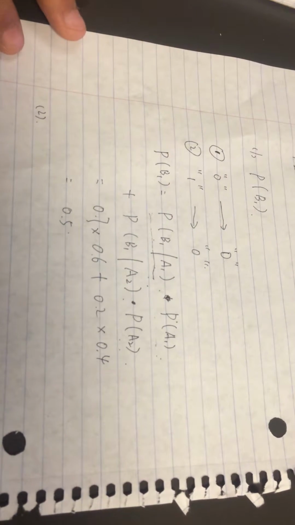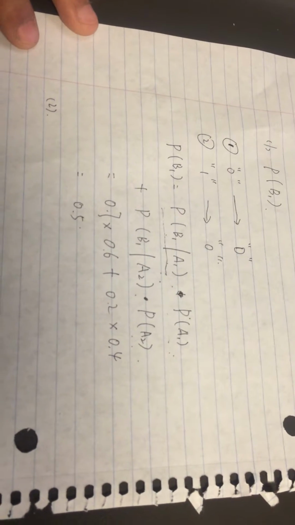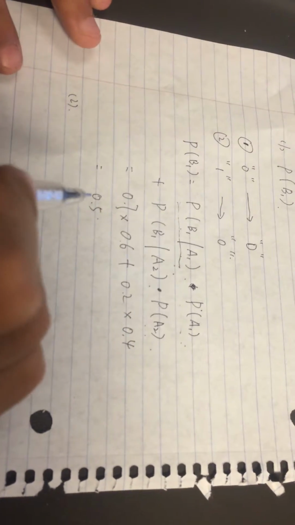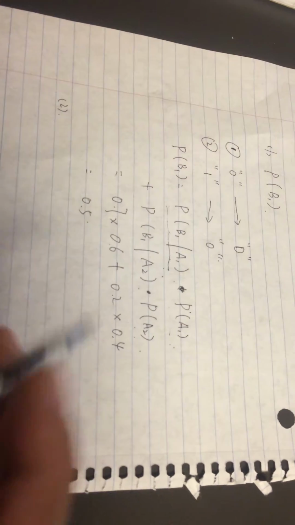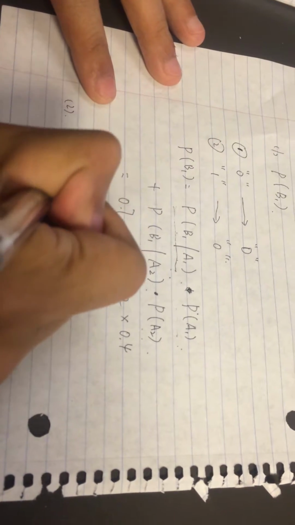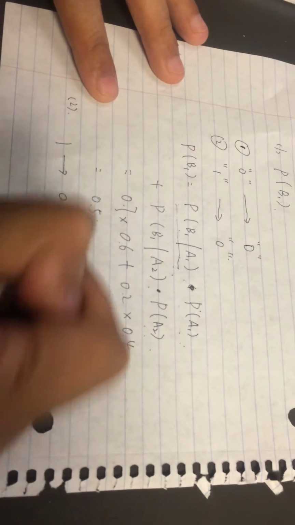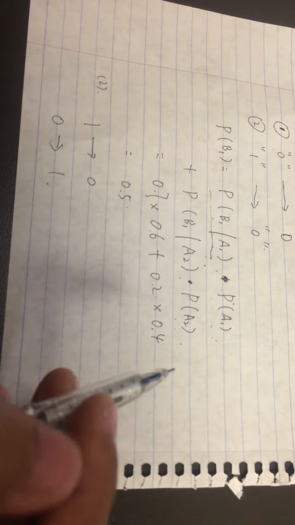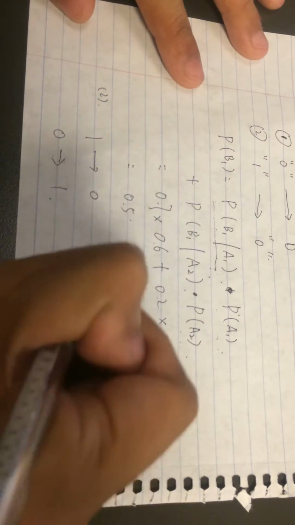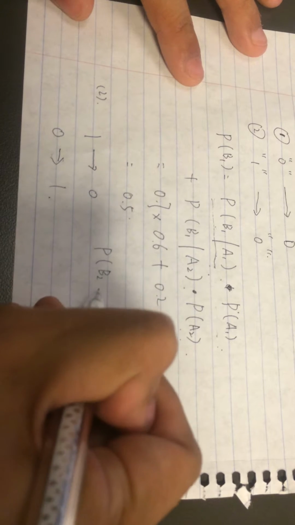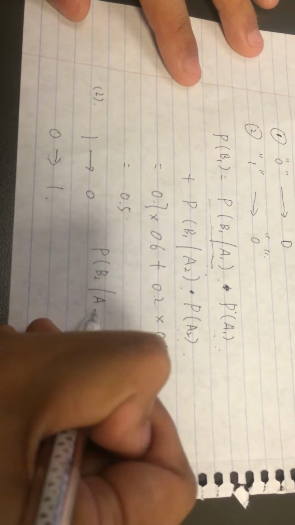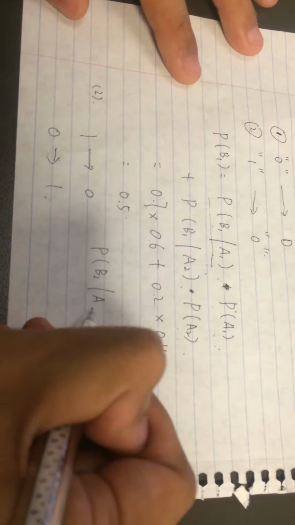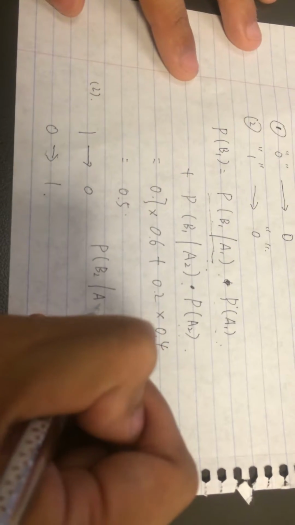And question 2. We should find the probability of error. This is also two situations: 1 is sent out and 0 is received, and 0 is sent out and 1 is received. So it's all similar.